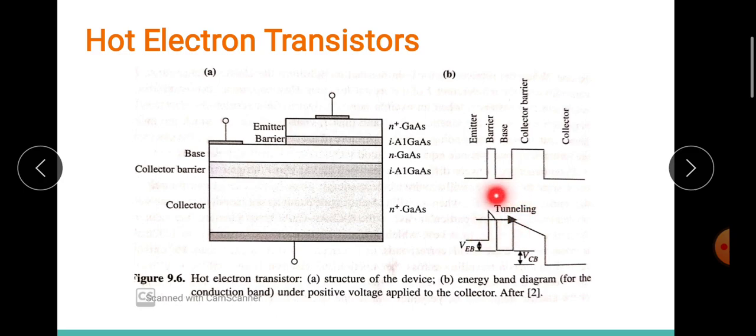So here we can see that at the emitter section, the barrier that the electrons have to cross is very thin compared to the thick barrier at the collector region. Basically, the velocity of these injected electrons from the emitter is about 5 times 10 raised to 8 centimeter per second. And this injection velocity is much higher than other kinds of transistors.